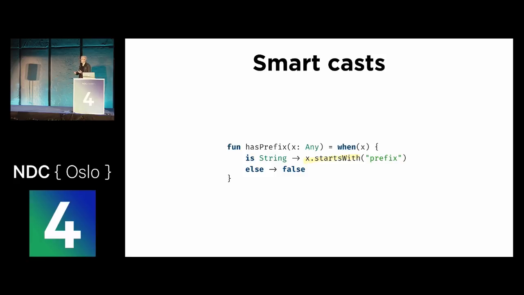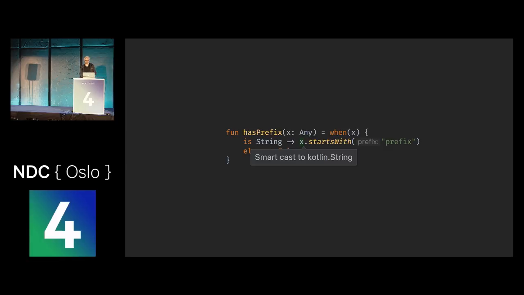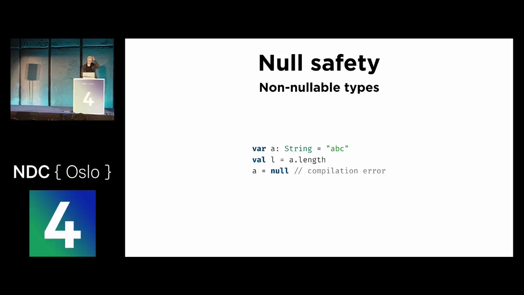So you don't have to cast, or create a new variable of the string type. The compiler now just knows that it's a string, and you can use the properties, methods, and functions as normal. And the IDE will show you this as well. It'll highlight the code and then give you the appropriate code completion too.